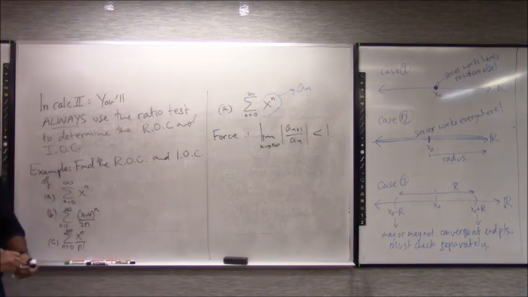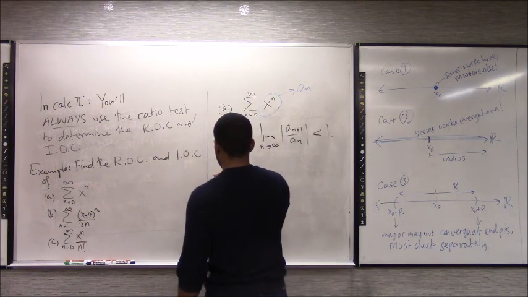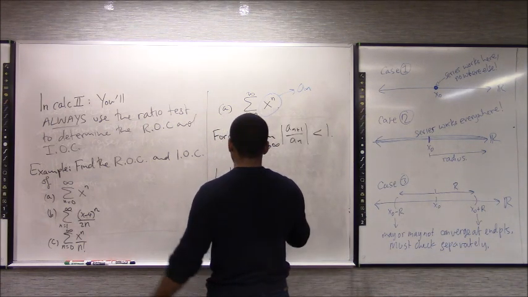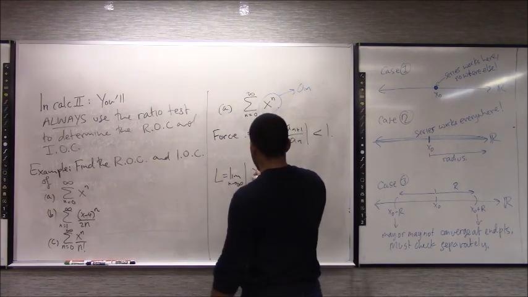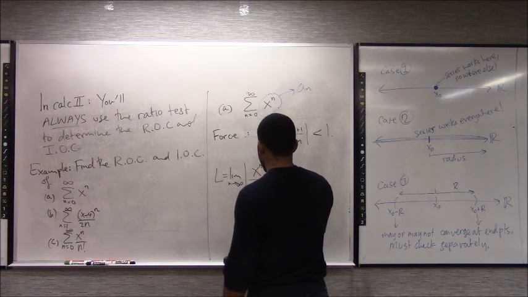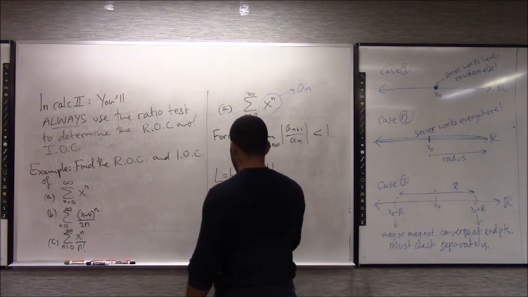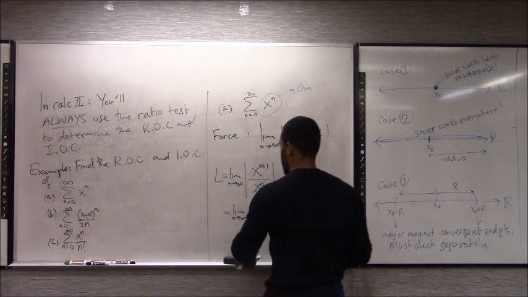So that's what we're going to do here. So here, I'm going to have L. This is going to be the limit as n approaches infinity. It always approaches infinity for sequences. And so here, it's going to look like x to the n plus 1 divided by x to the n. That simplifies. That's just the limit as n approaches infinity of the absolute value of x.